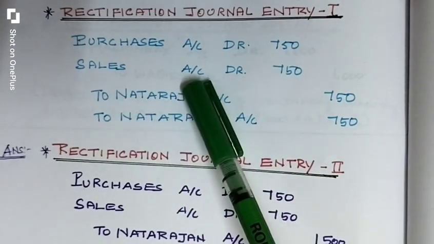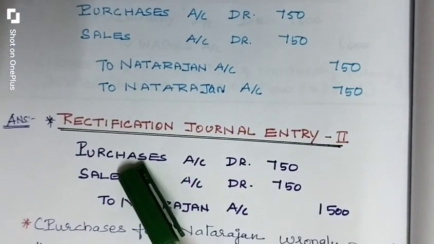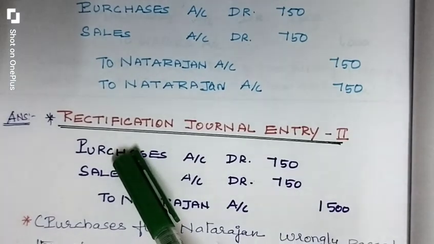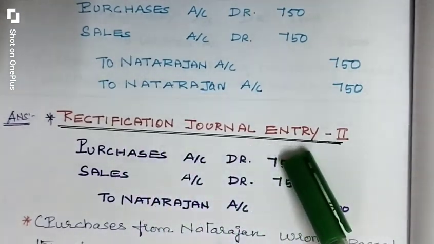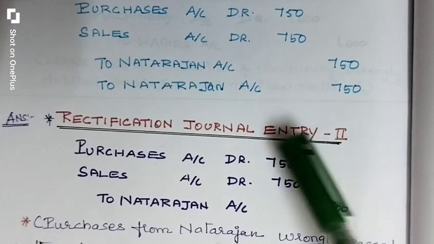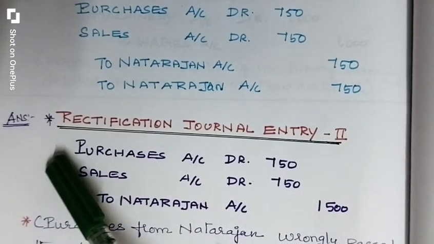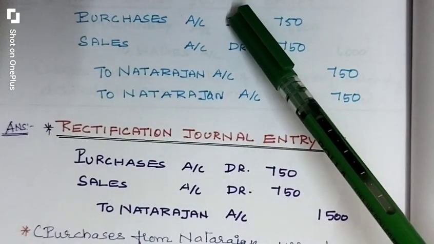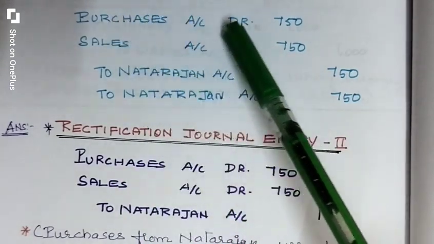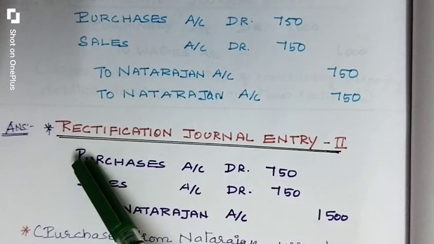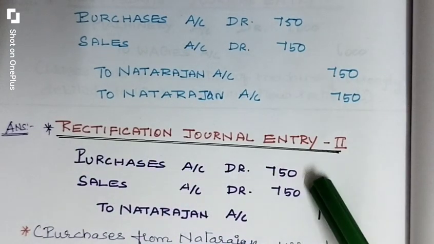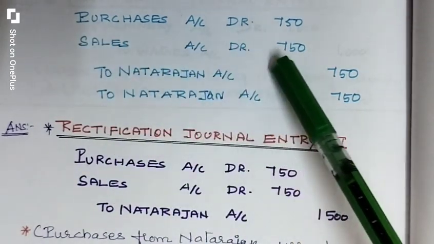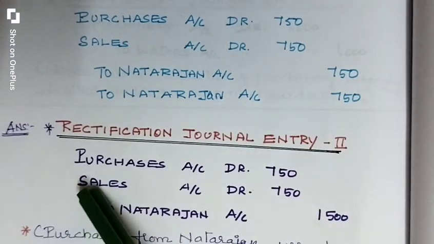Listen. Next we need to prepare rectification journal entry part 2. This is the original answer. Here we have to write these. So purchases account debtor 750 rupees, sales account debtor 750 rupees.